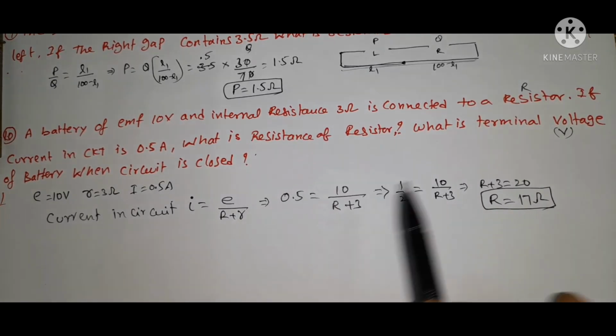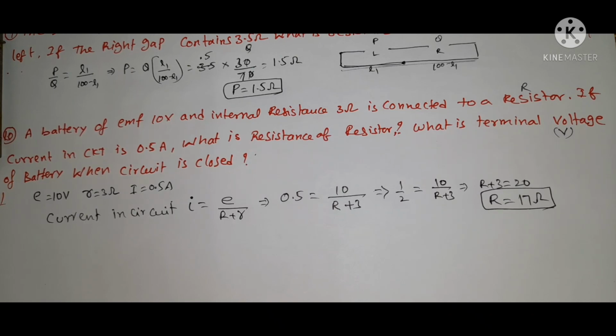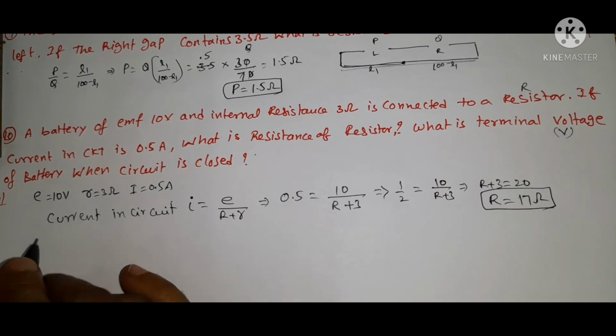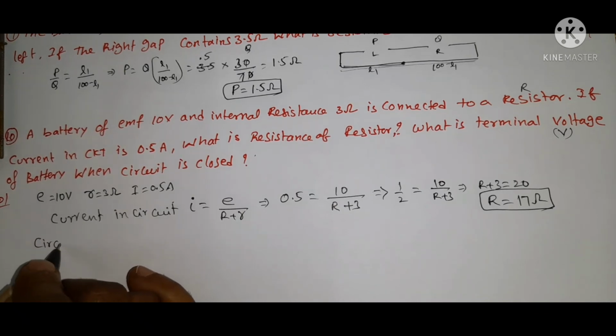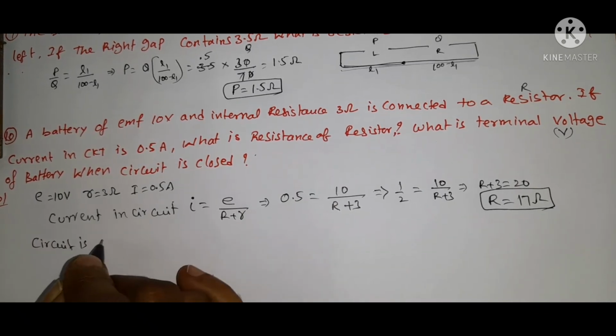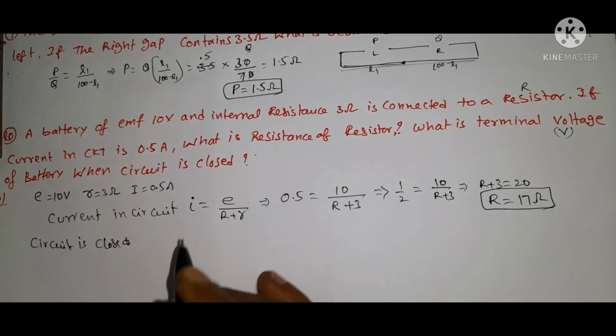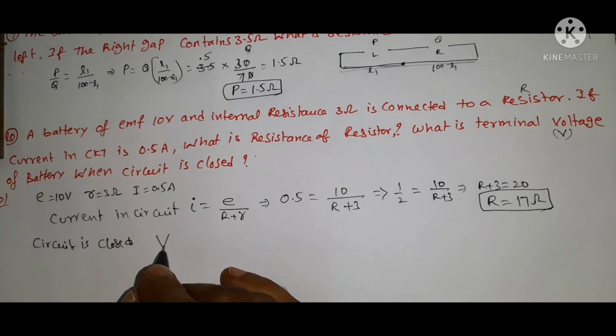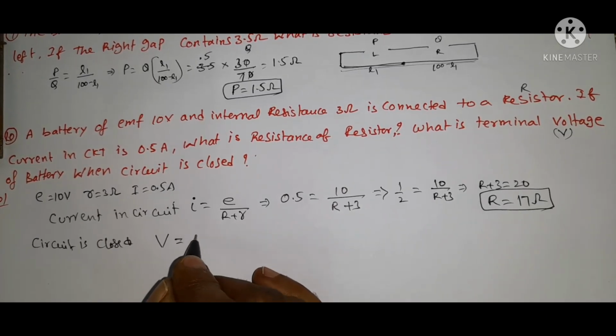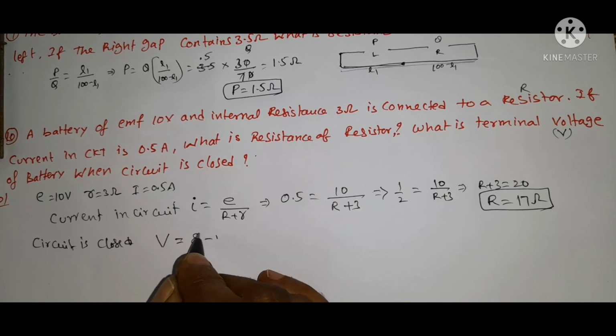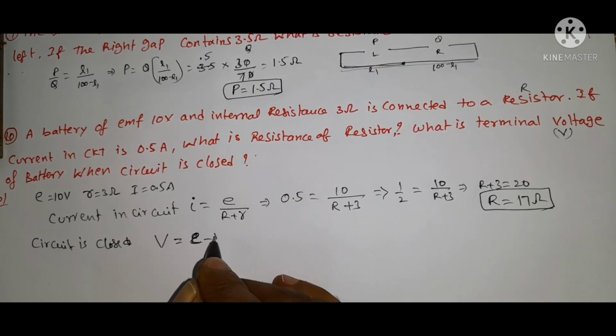The second question is, what is the terminal voltage of the battery when the circuit is closed? When the circuit is closed, as we know the formula, the battery potential V is equal to E minus Ir. Sorry, small e minus Ir.